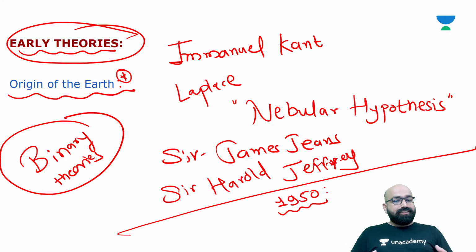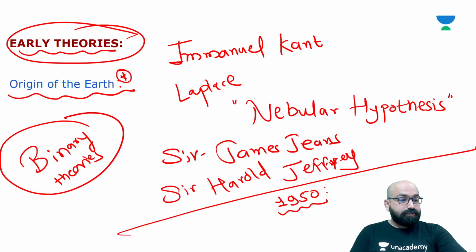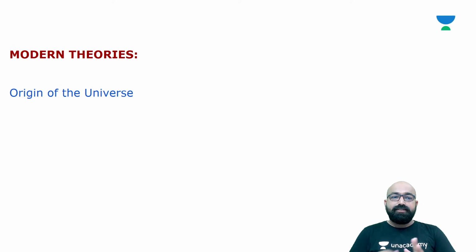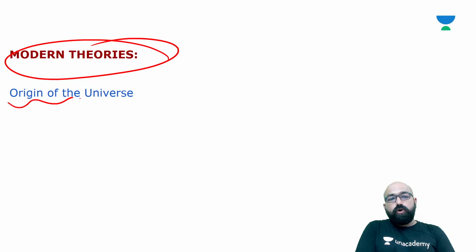Now, the scientists in a later period looked at the problems of the origin of the universe rather than just of the earth or the planets. After the early theories of the origin of the earth, now we will see the modern theories, where we will discuss the origin of the universe.